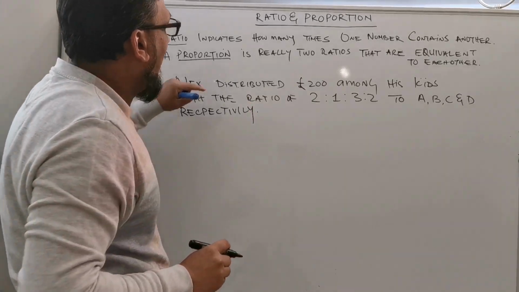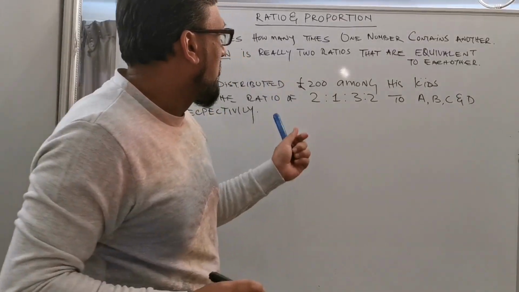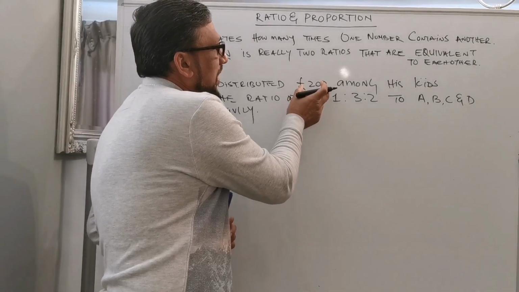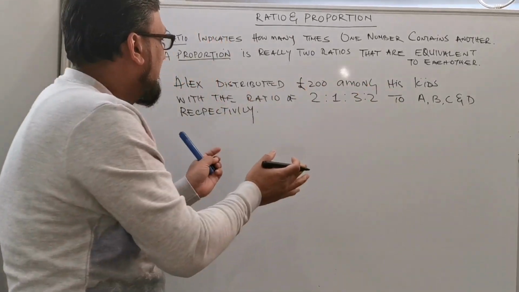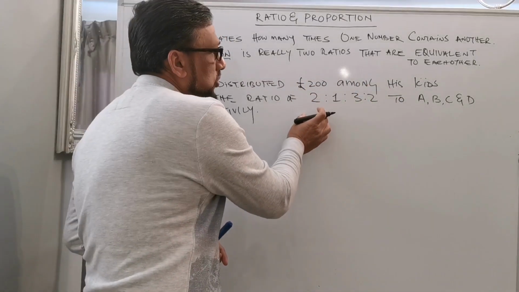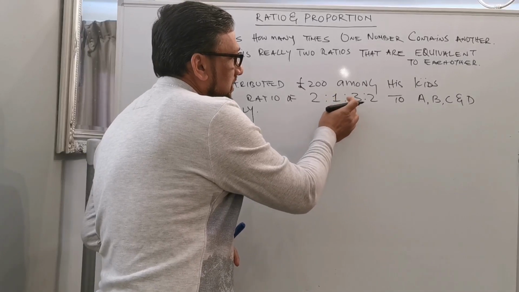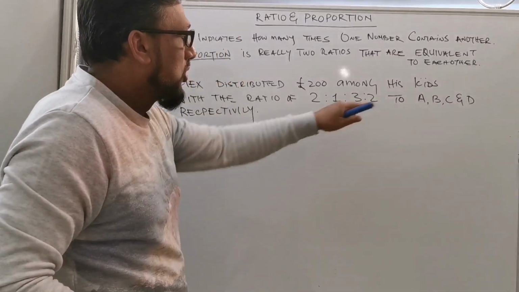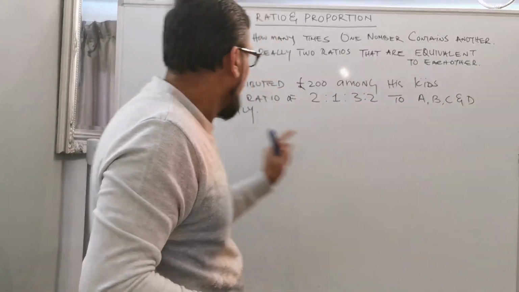So it means Alex is distributing 200 pounds among his kids with a ratio of 2:1:3:2 to A, B, C, D respectively.